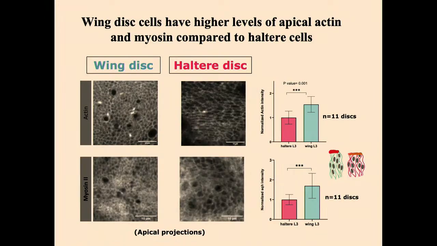Obviously, you have to show whether actomyosin complex is involved in this, and indeed, without getting into the details, the wing cells have higher levels of actomyosin complexes compared to the halter cells, suggesting that indeed the constriction is the reason. On one side, in wing cells it is constricted, in halter it is not constricted.